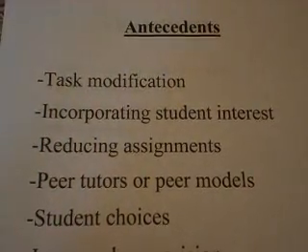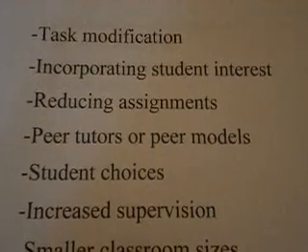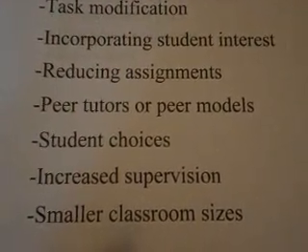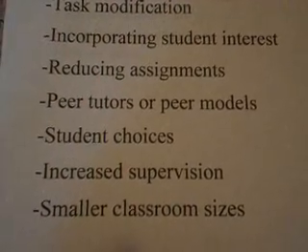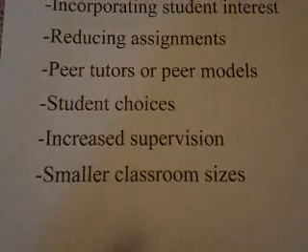The plan should also specify the needs for development in motivation, behavior, social skills, and self-esteem, antecedent conditions, as well as consequences. Antecedents can include task modification, incorporating student interests, reducing assignments, peer tutors or peer models, student choices, increased supervision, and smaller classroom sizes.